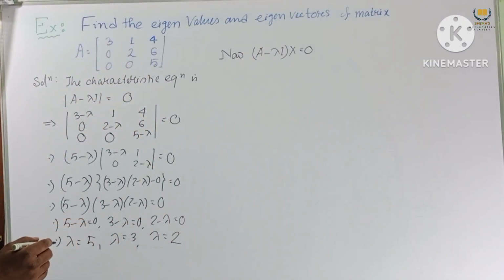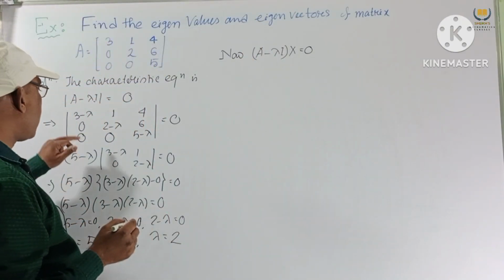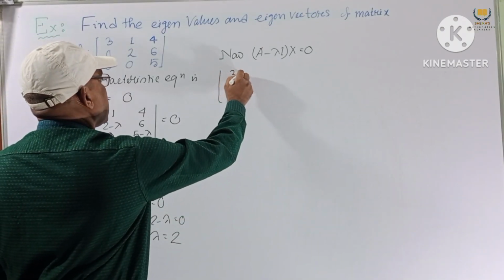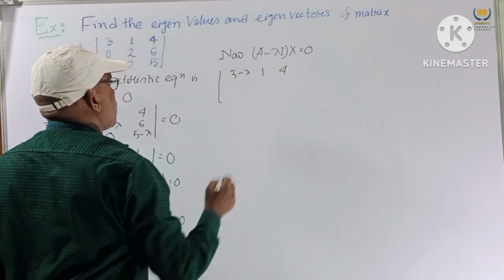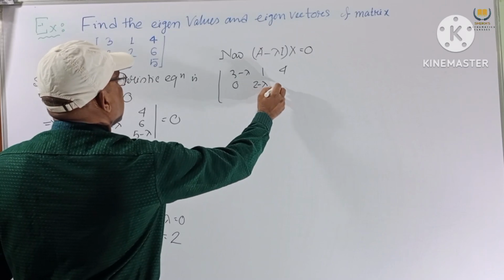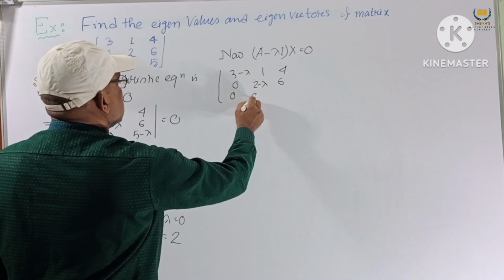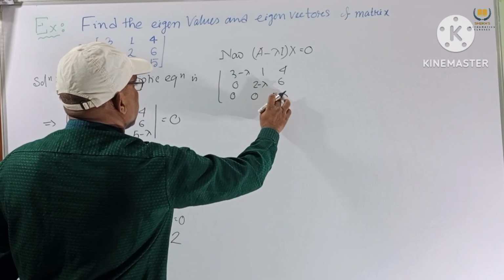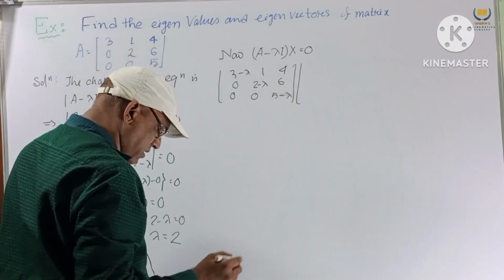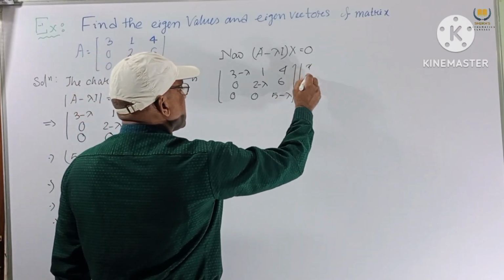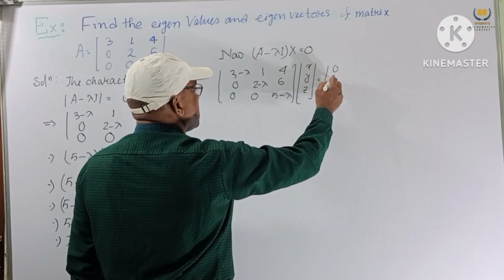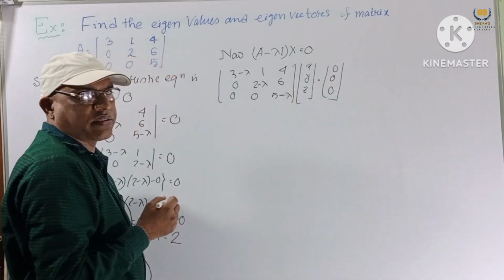We know A minus lambda I: it is [3 minus lambda, 1, 4; 0, 2 minus lambda, 6; 0, 0, 5 minus lambda], and x we consider as [x, y, z], and 0 means [0, 0, 0]. We write it in this way.